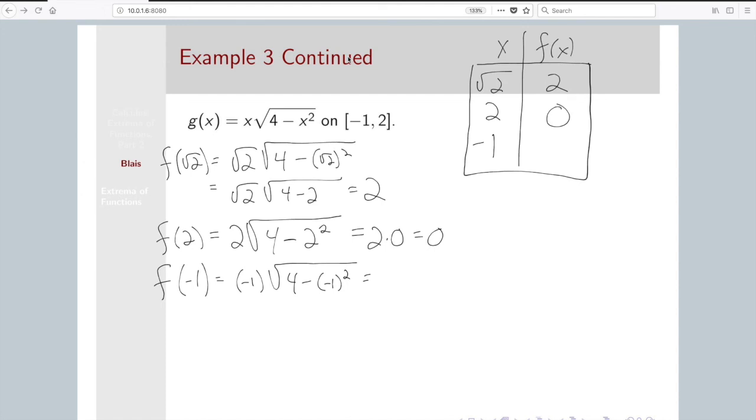Or under here we get 4 minus 1. So we get negative root 3. And we can now see from our list that the maximum is occurring here, a maximum value of 2 at x equals root 2, and a minimum value of negative root 3 occurring at x equals minus 1.